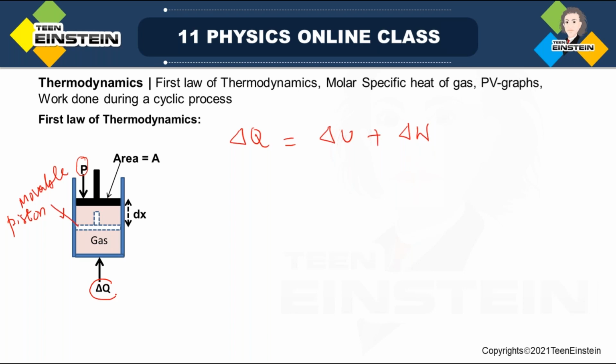This is the surroundings. From the surroundings, the gas is absorbing some amount of heat, that is delta Q. So this is the heat absorbed by the system.